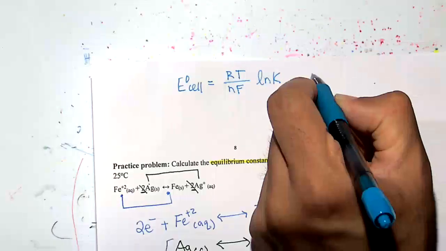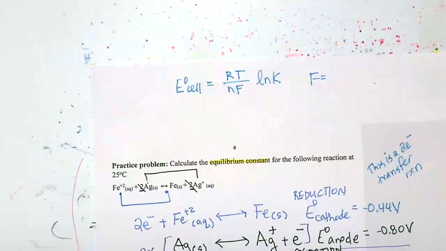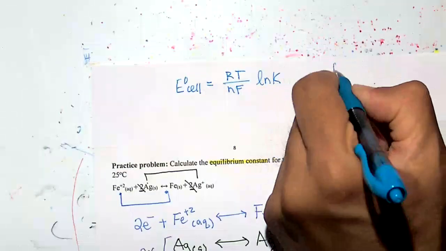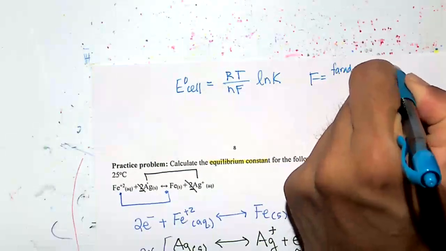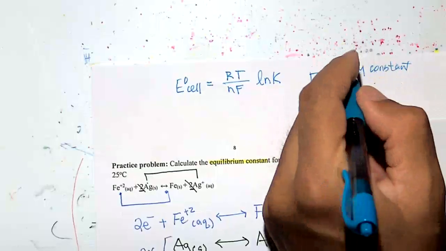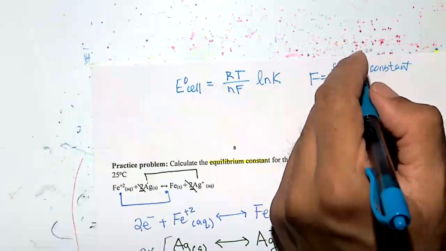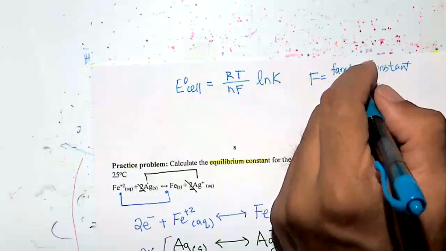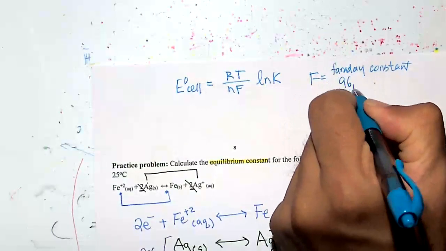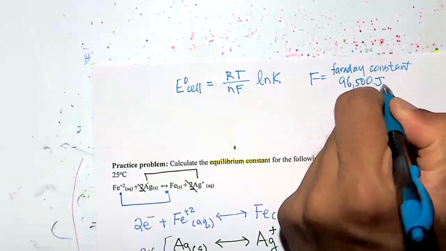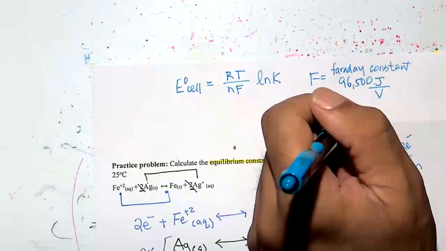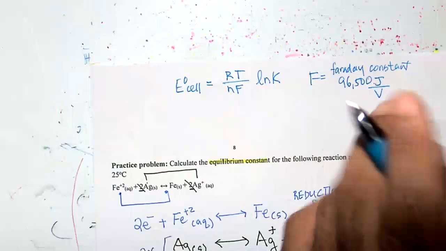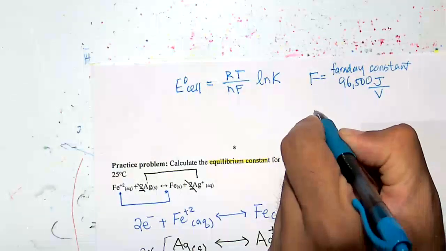The first one is F, which stands for the Faraday constant. This is 96,500 joules over volts. Okay, so that's a constant. I'll give that to you, so you do not memorize any constants.